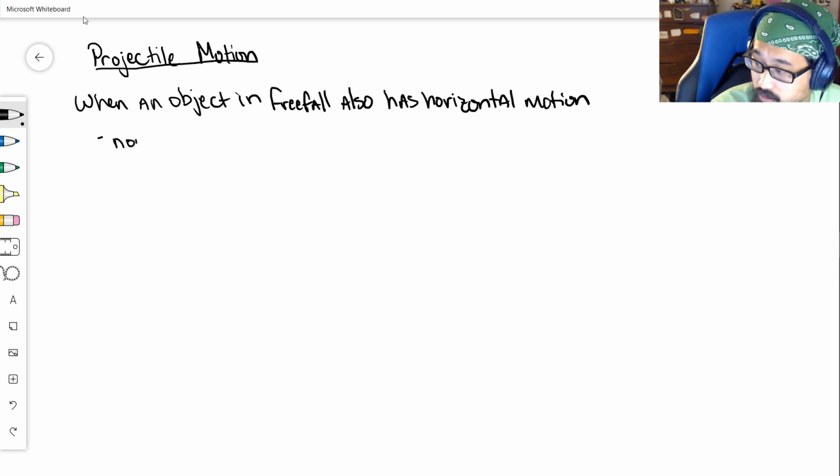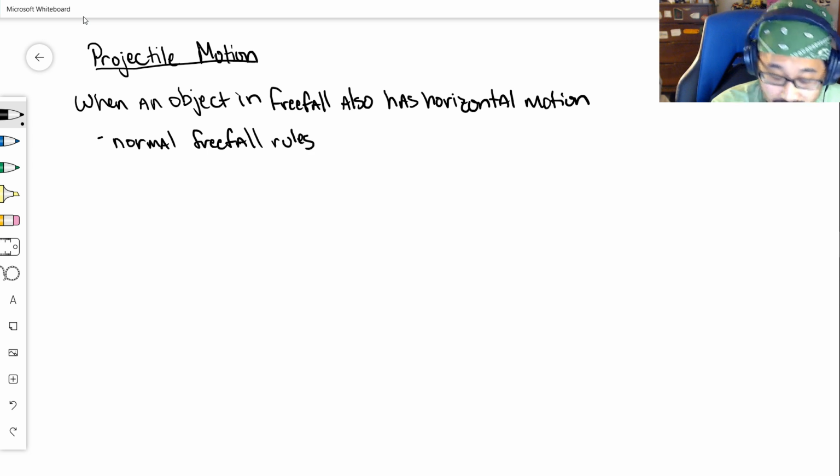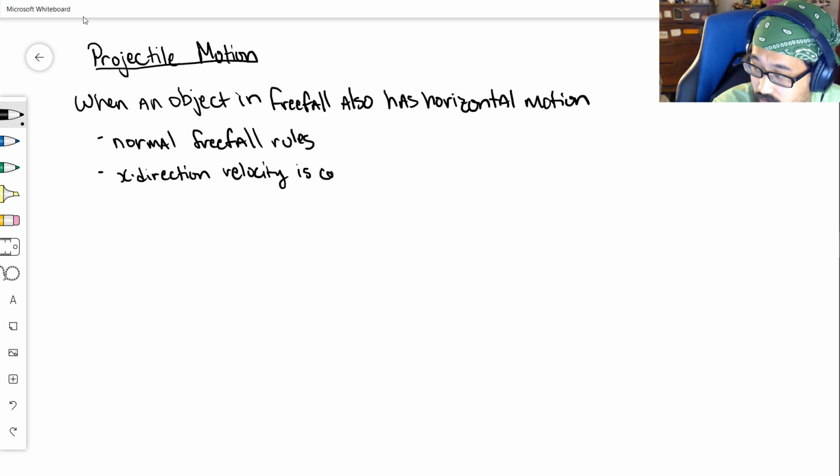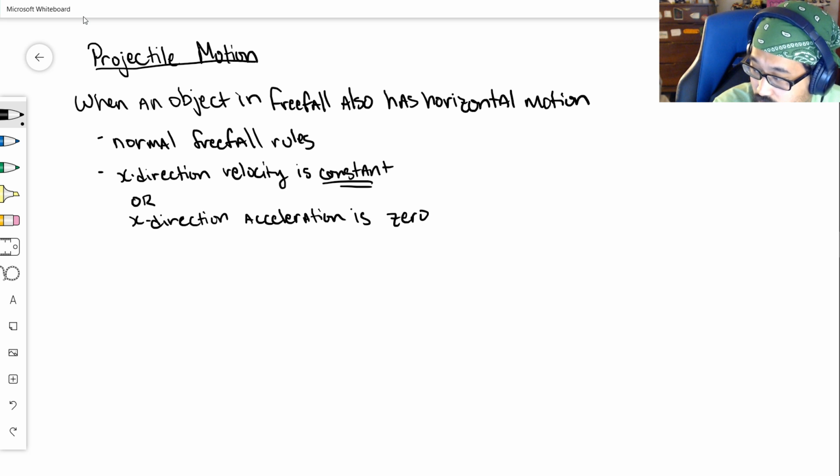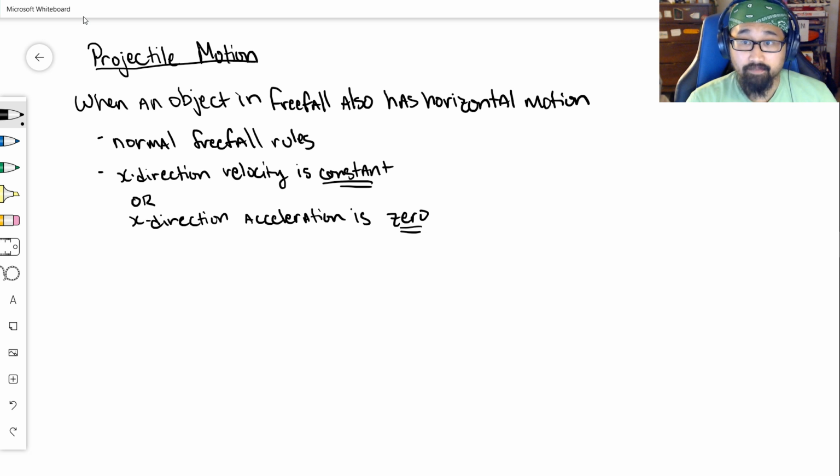So normal free fall rules, and also x direction velocity is constant, or x direction acceleration is 0, right? That's definite. I absolutely know that because we ignore air resistance.